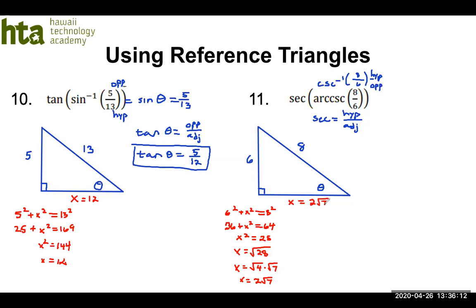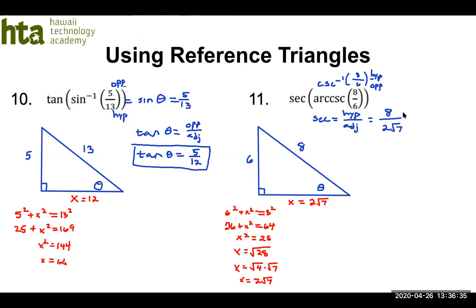Please be sure you simplify your radicals. It's a little bit of extra work, but you are going to have to do it. All right, so let's answer the question. Hypotenuse over adjacent. The hypotenuse is 8, and the adjacent is 2 rad 7. Remember, you cannot leave your answer with a radical on the bottom of a fraction.